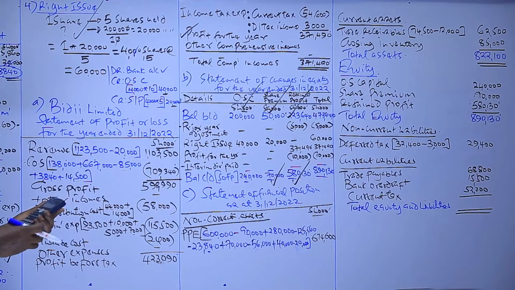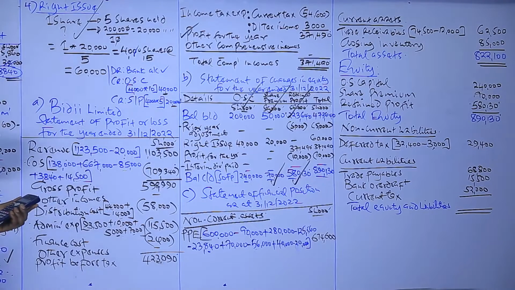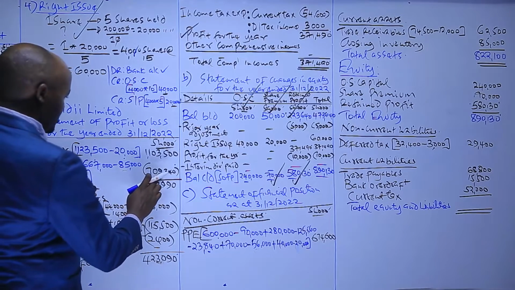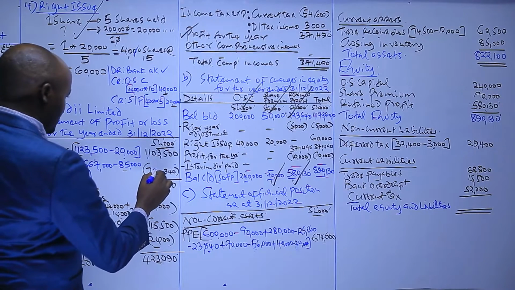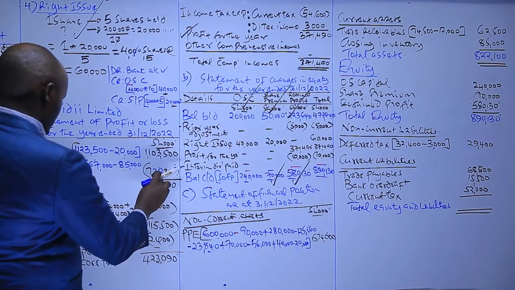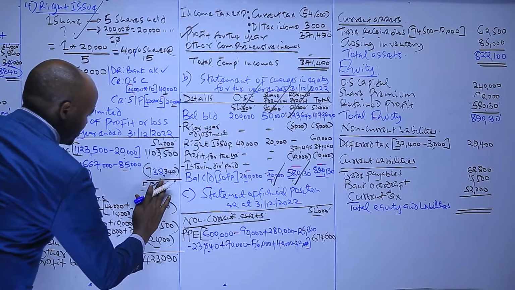So that will give us what? That will give us 738. So this figure, instead of adding what we did, we deducted, which was actually wrong. So the correct figure here should be 738. 738 what? 340. So then we get the correct figure for the gross profit here.